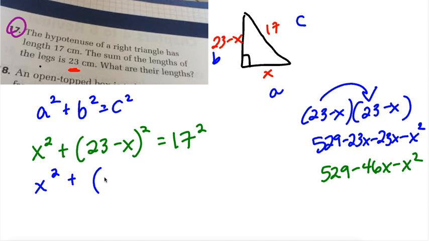So I'm just going to go ahead and put that in here, 529. And that all equals 17 squared, which is 289.